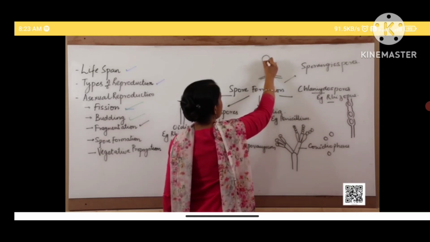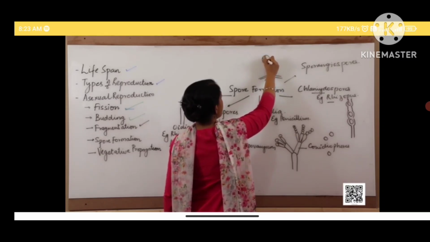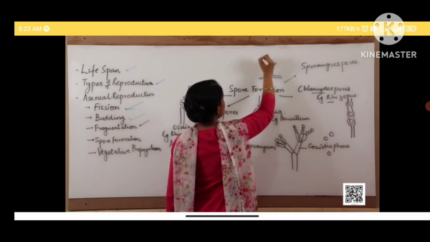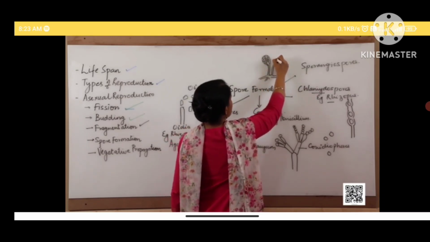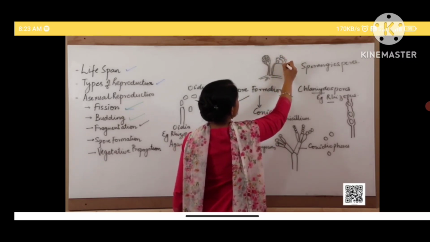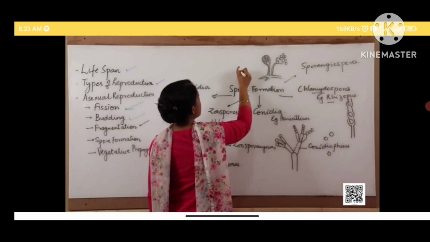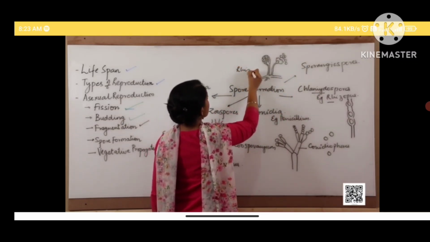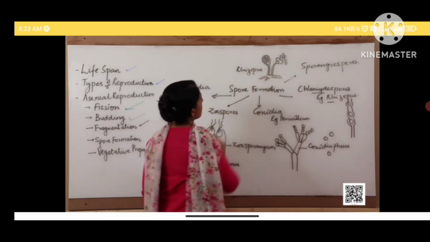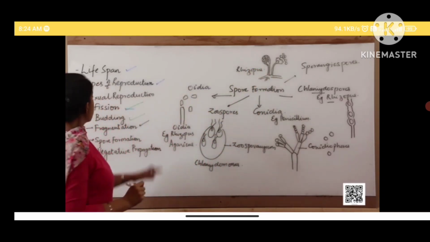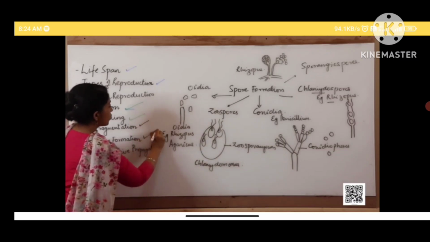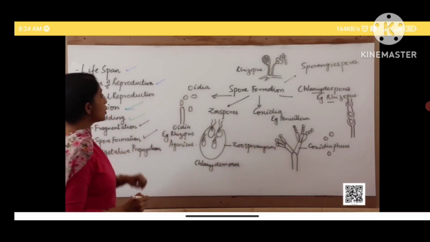And inside the sporangium, these spores are formed. The sporangiospores are formed. When this sporangium ruptures, it releases these sporangiospores into the environment. So these kind of spores can also be seen in Rhizopus. So this was another type of asexual mode of reproduction by spore formation.